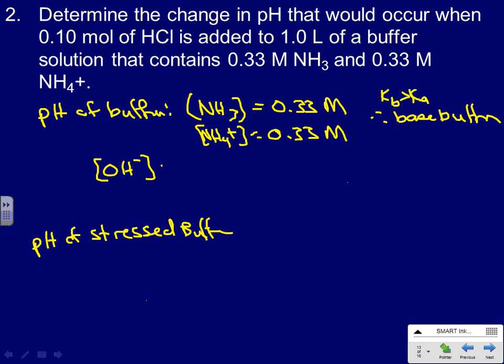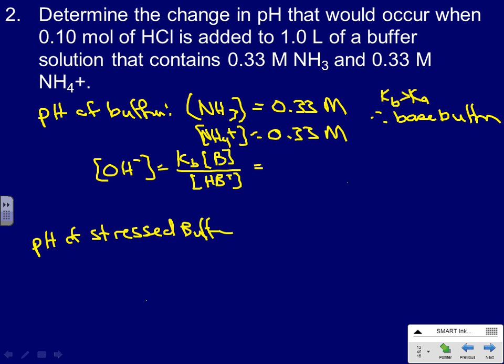OH minus, Kb, concentration of, what goes on the top in this case? Concentration of the base, because it's a base buffer, over the concentration of the NH4 plus, which is then that opposite guy. And do we have a Kb for this one here?